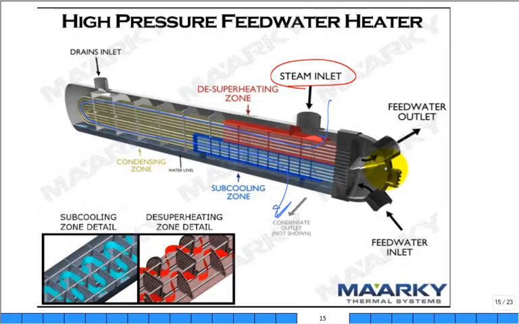And when it's in this region, flowing that way, you first de-superheat the steam. That's where the temperature's the highest. Then it moves into a condensing region, so it's a condensing zone. And then it moves into a subcooling zone.